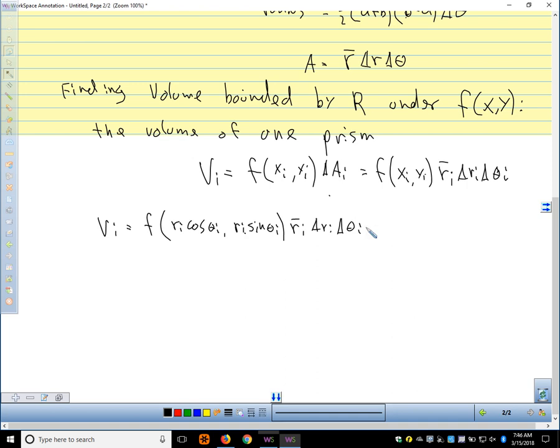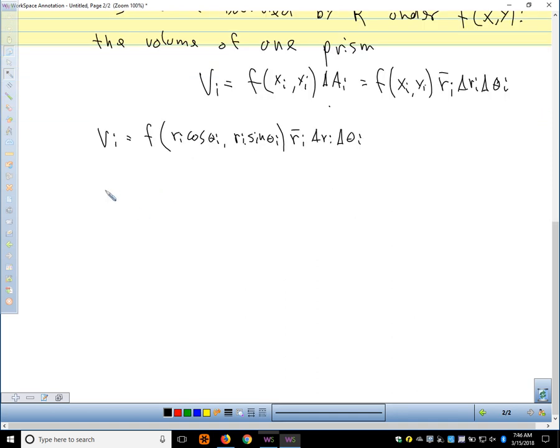And the entire volume is the sum of these. I'm just going to write the sum, i equals 1 to k of V sub i, of this quantity. And then we're going to take the limit as the size of the polar rectangles approaches 0.